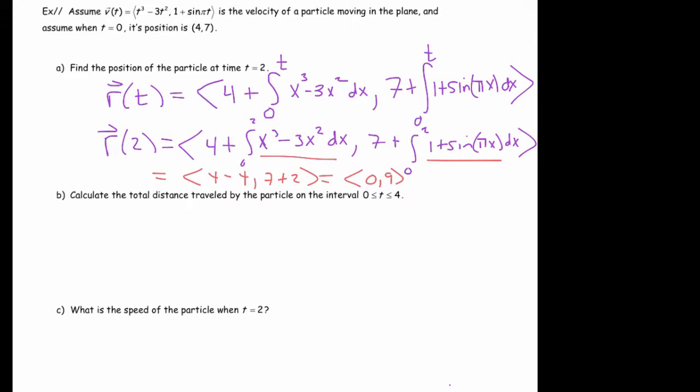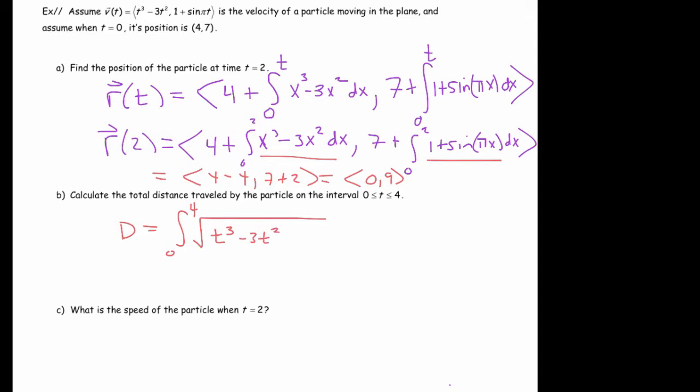The next question says to calculate the total distance traveled by the particle on the time interval 0 to 4. Well, we know that the distance traveled is just the integral on the time interval 0 to 4 of the square root of the components of my velocity function squared.